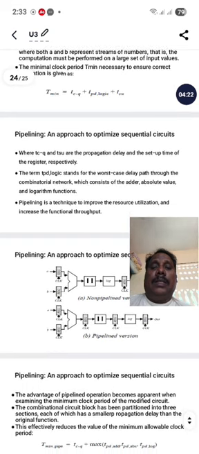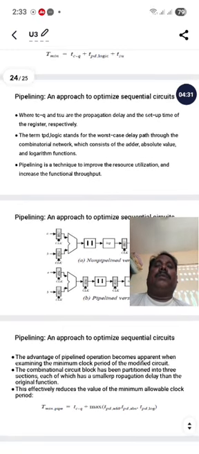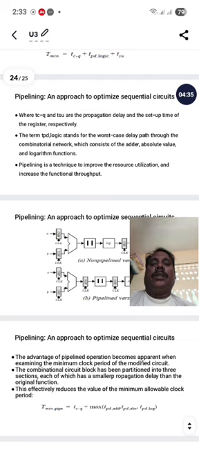The term PD logic stands for the worst-case delay path through the combinational network, which consists of the adder, absolute value, or logarithm function. For a calculation you can take an adder, comparator, shift register, counters, even flip flops, whatever logic circuits.